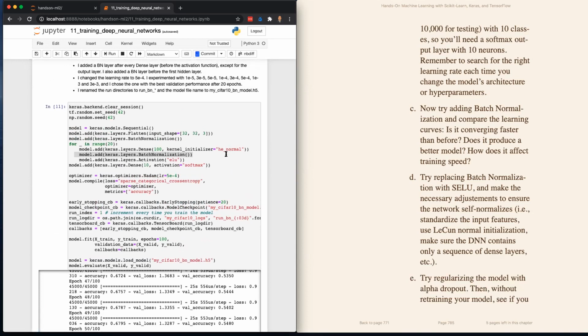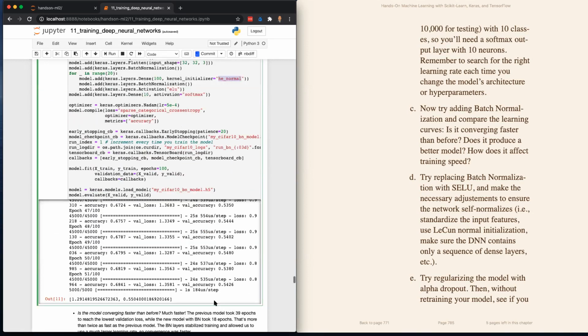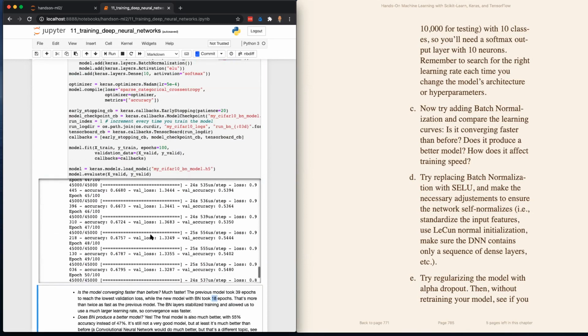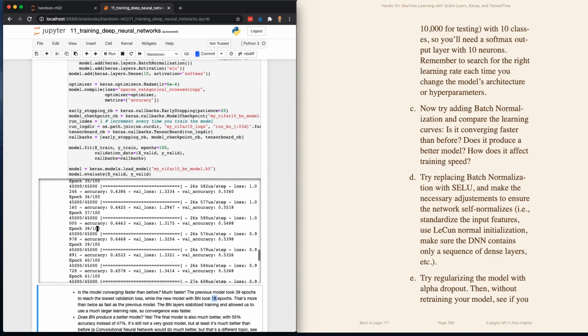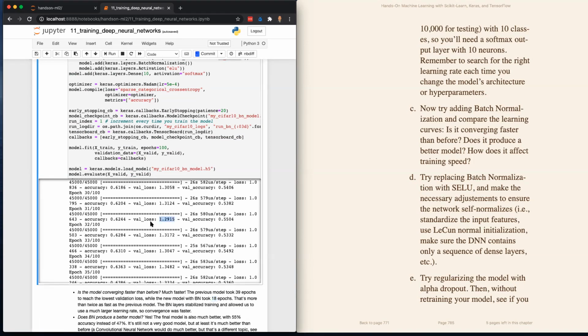Sorry, can you say that again, please? So, I'm saying he claims that he got the lowest validation loss on the 18th epoch, and I got the lowest on the 31st epoch. That's my lowest here. So there is a difference of about 13 epochs between my validation and his.